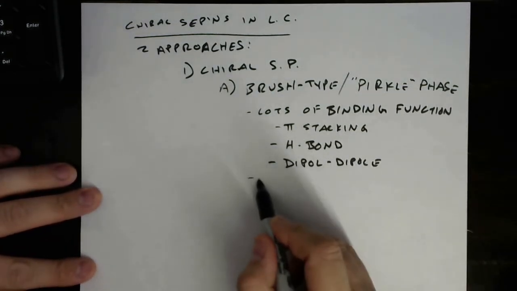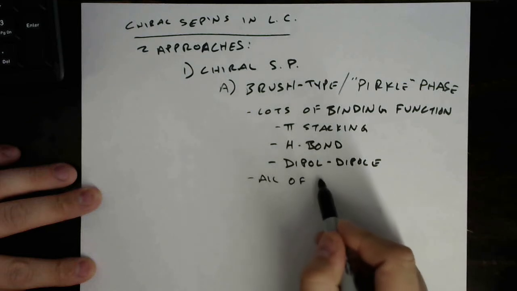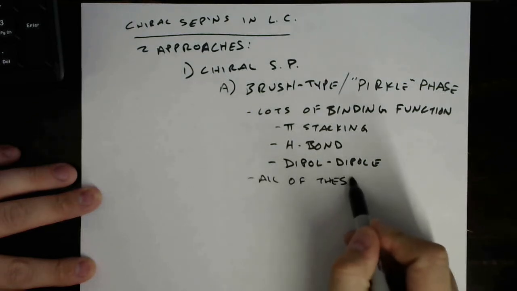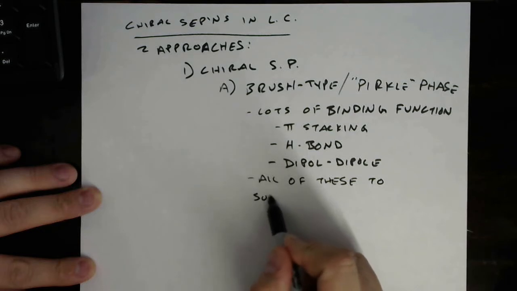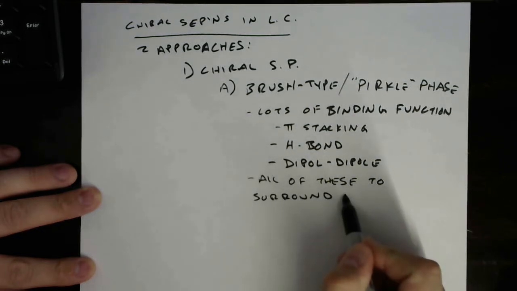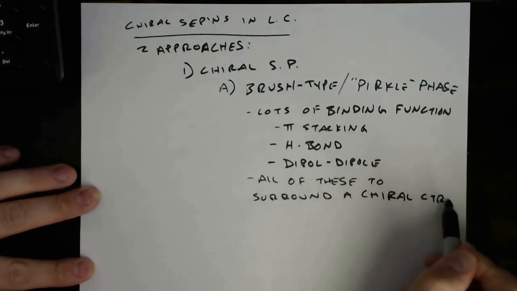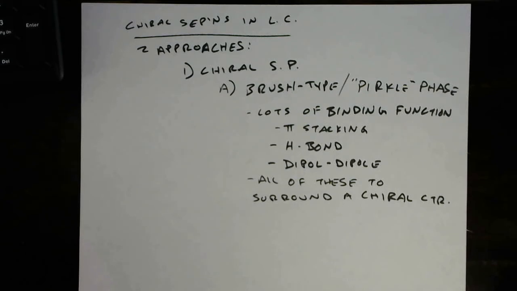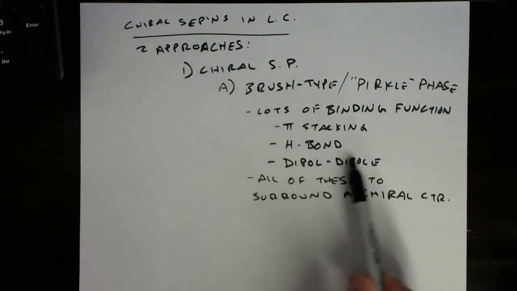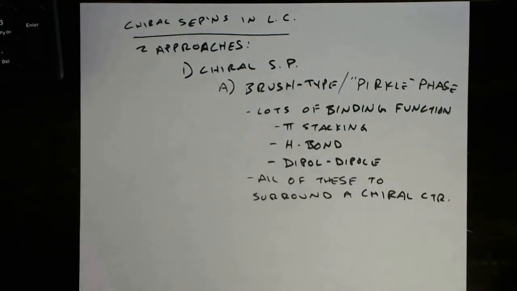And we're looking for all of these to surround a chiral center. When they do, you're going to get preferential interaction of one half of an enantiomeric pair over the other, and that's just going to be because of the orientation for which these intermolecular interactions will happen more favorably for one half of that enantiomeric pair than the other.